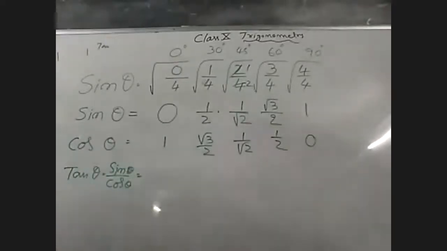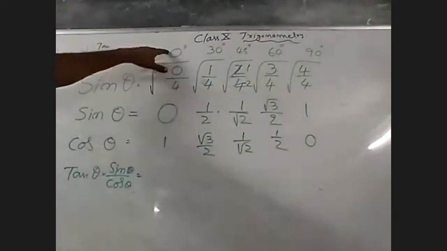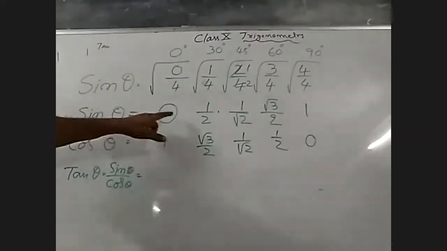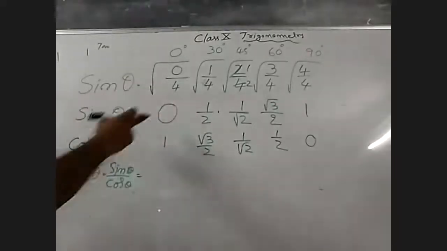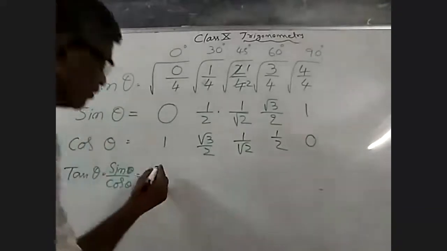Okay, now you see the board. Sin theta by cos theta gives the value of tan theta. Here what is tan 0? Tan 0 means sin 0 by cos 0. What is the value of sin 0? See, 0 by 1, 0.